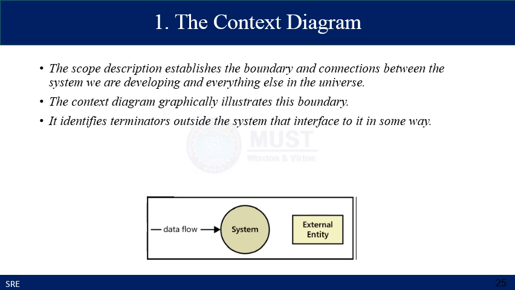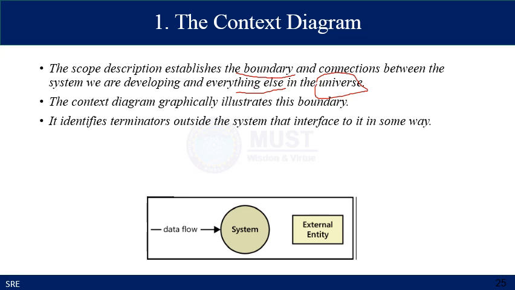So the first technique to visually represent the vision and scope of your system is the context diagram. The scope description establishes the boundary and connections between the system we are developing and everything else in the universe. That means anything that is not part of our system scope is outside the boundary of our system.